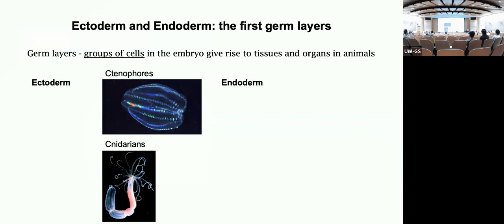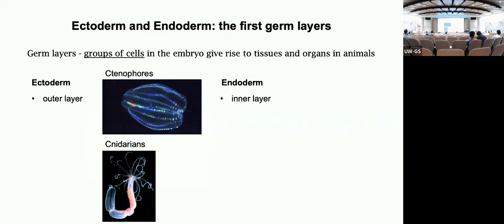All right, so a little more on cell types. The first two cell types of the embryo are the ectoderm and the endoderm. The ectoderm is essentially an outside layer, and the endoderm is an inner layer.